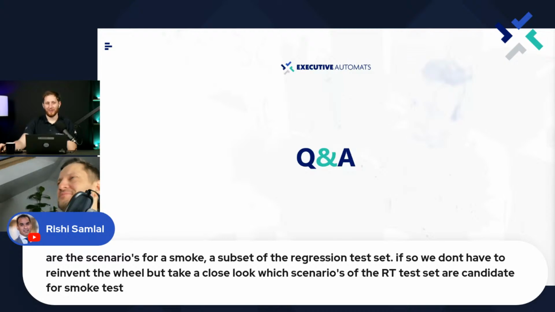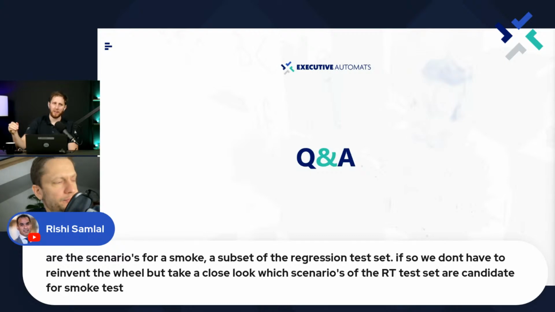So that's a very good question. You have a regression pack, and you want to build a smoke test out of that. Regression testing is too big a tool to be used every time. So we should focus on test cases from regression and check only those which are actually bulletproof, those which don't need so many changes, so much data, presets, pre-configurations, access rights, and so forth.